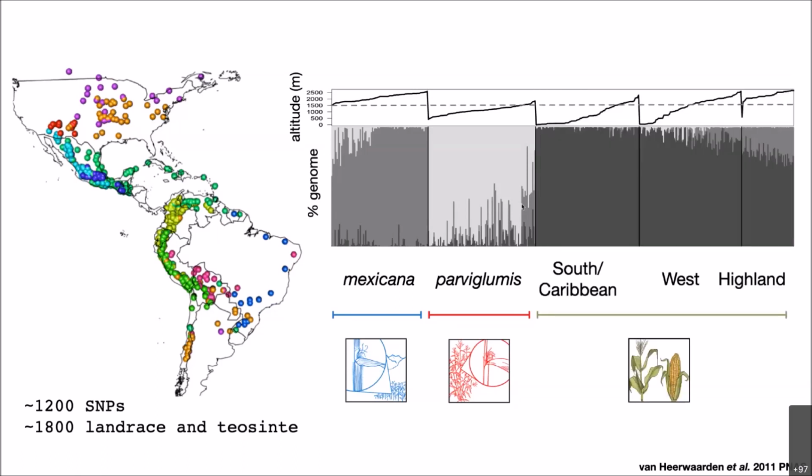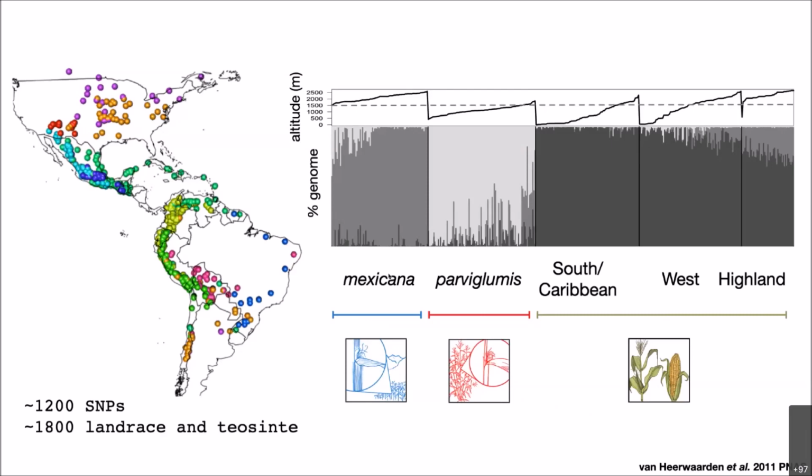And then when we look at modern maize or maize landraces, we see that in the South, in the Caribbean, and also South America, although it's not plotted here, we see very clear, consistent population structure of maize separated from teosinte. But as soon as we get into the maize from western Mexico and central Mexico, we see that as we increase in altitude, as soon as we get to an altitude above which Mexicana occurs, shown by this dotted line, we start seeing evidence of admixture between maize and this additional teosinte, mexicana.